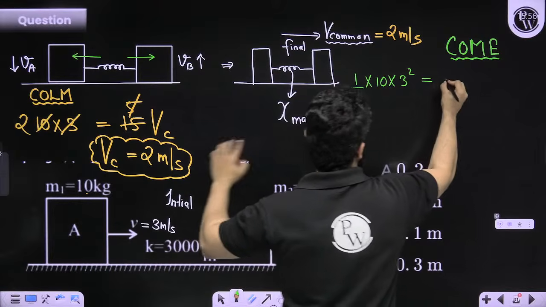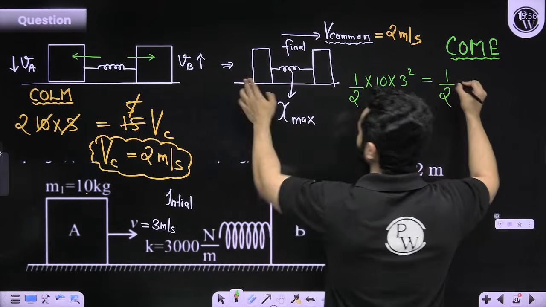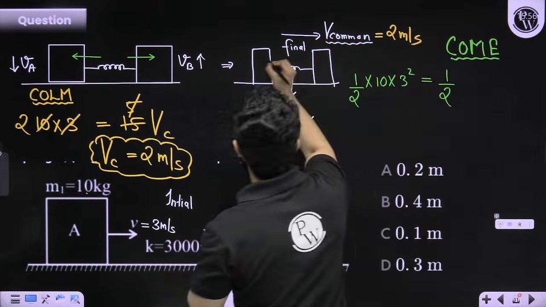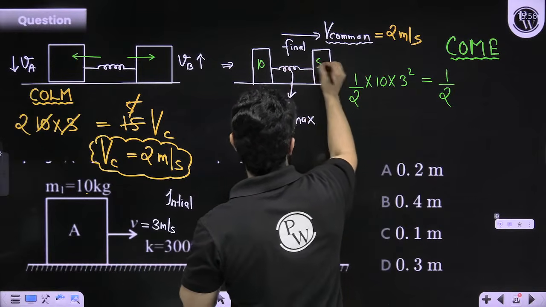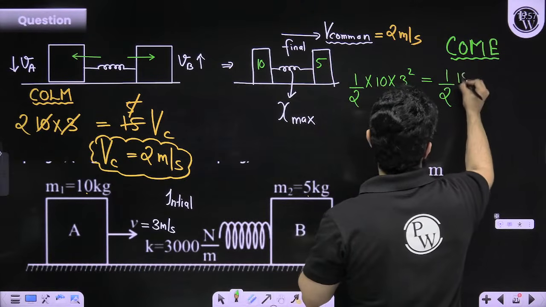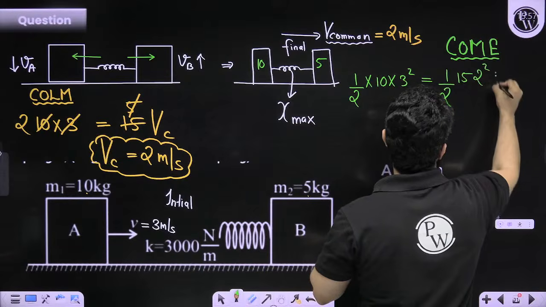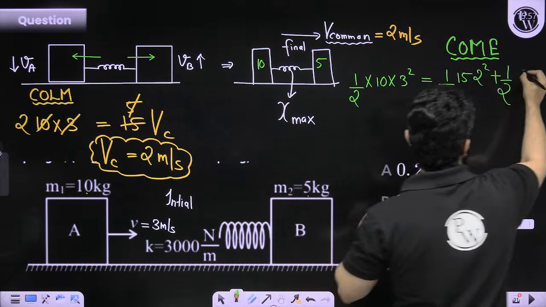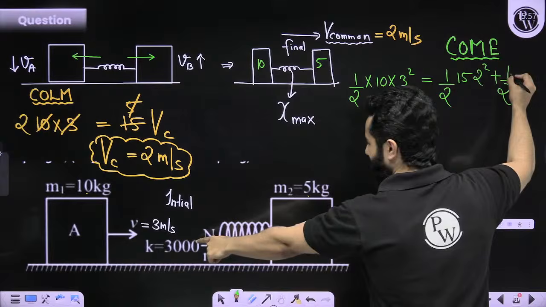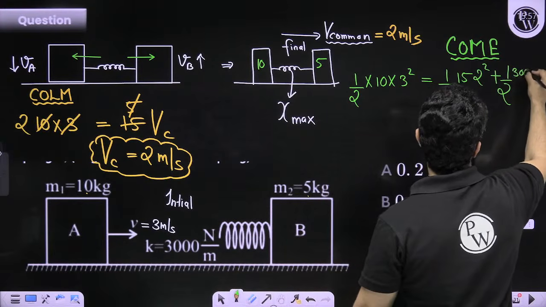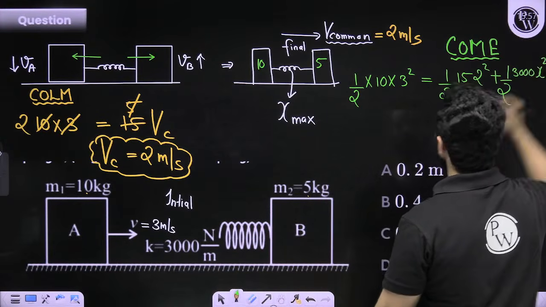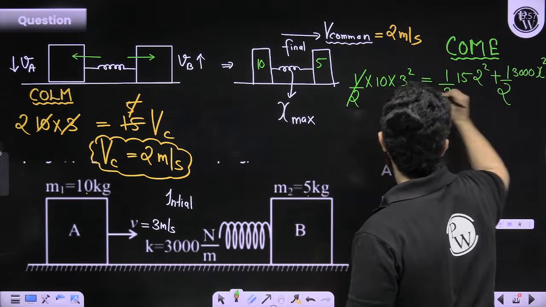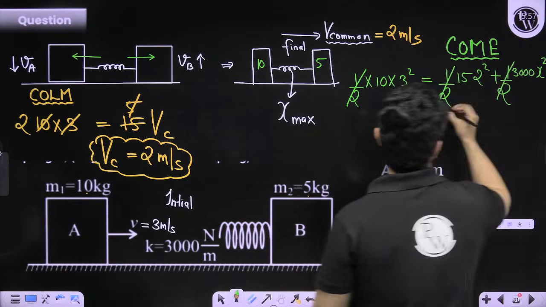is equals to, then we have got half mass of both of these blocks, that means 10 and 5 I believe. So half m V square plus half k x square, and k is 3000 times x square. Half can be cancelled out, right?